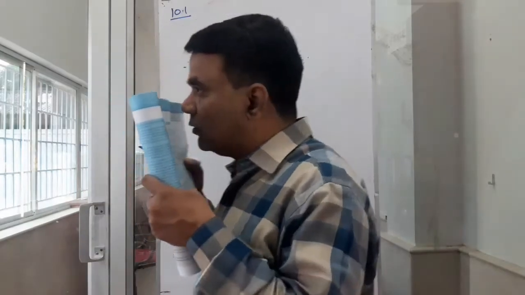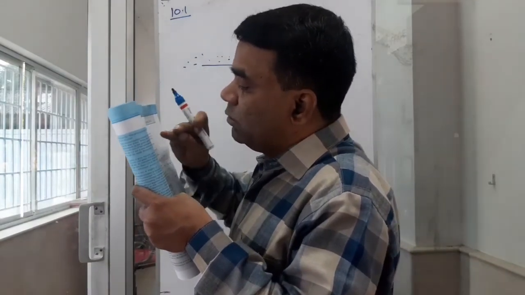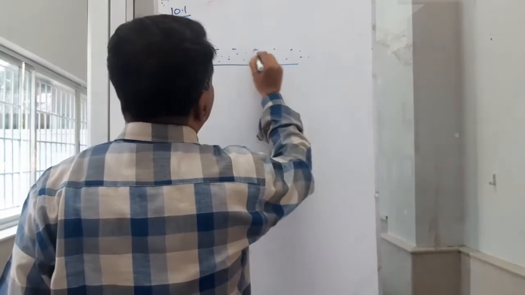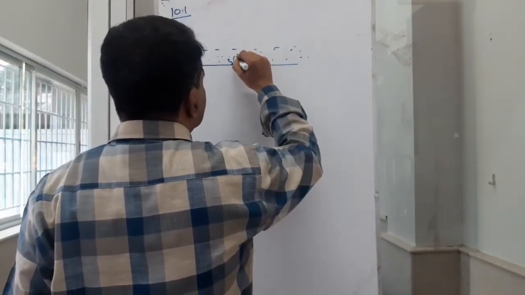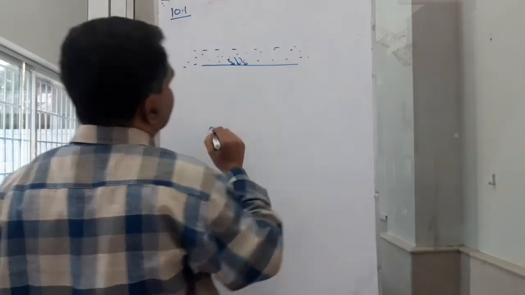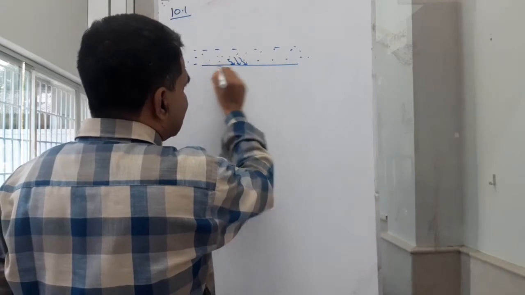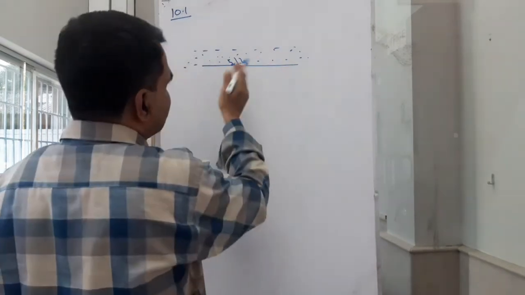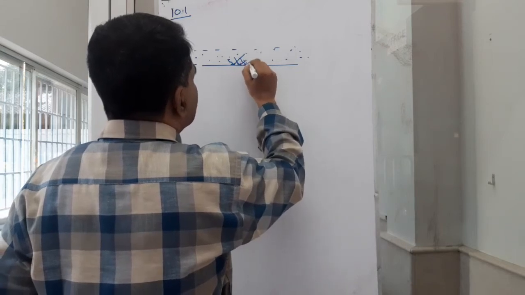When I speak, I push molecules, and then they go and hit this book. Finally, these molecules will be pushed here. And when the air molecules hit the surface, in this case the book, they will get reflected. They will rebound.